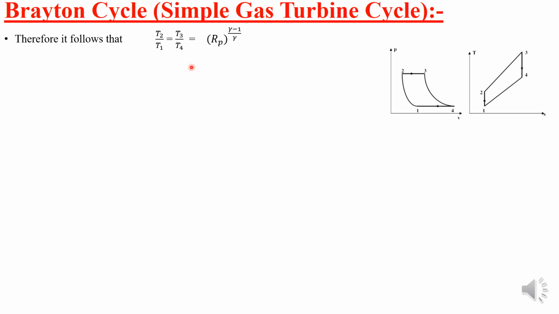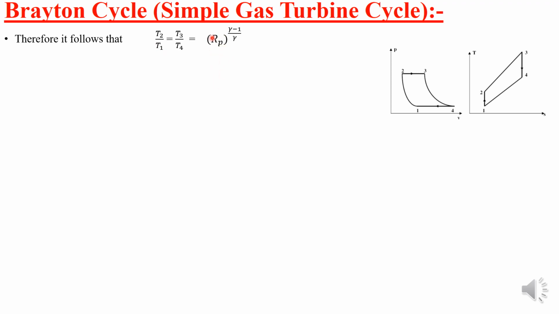Now in the efficiency equation, eta is nothing but 1 minus T4 minus T1 divided by T3 minus T2. So in the denominator we have T3 minus T2. You have to substitute T3 in terms of T4 and Rp, and similarly T2 in terms of T1 and Rp.